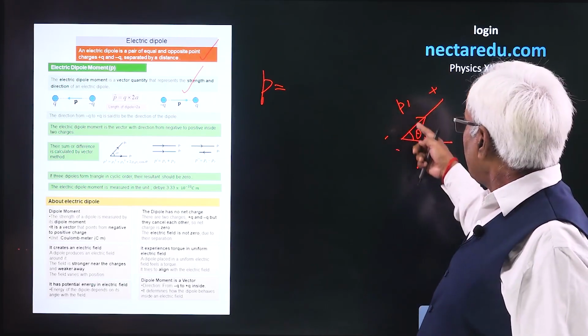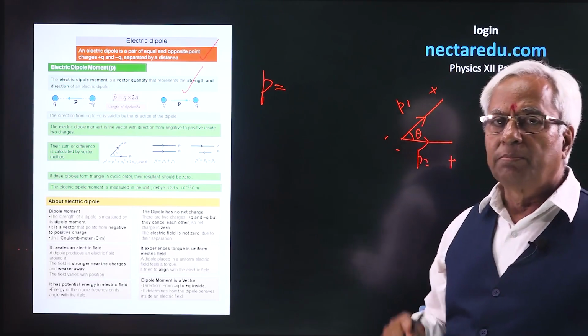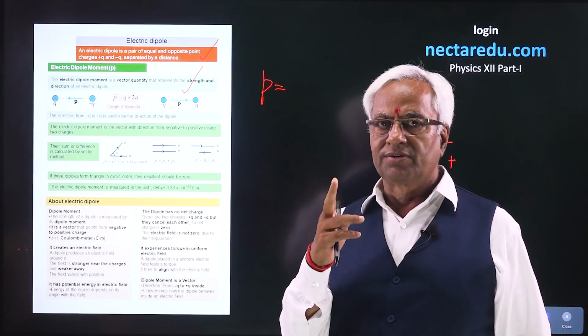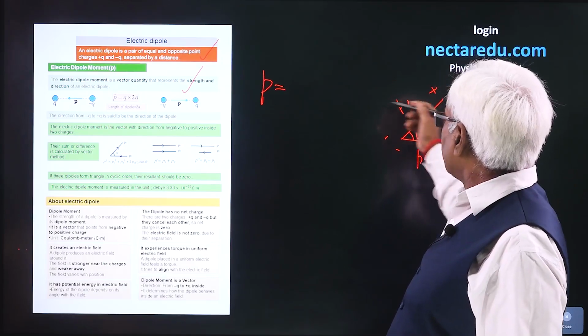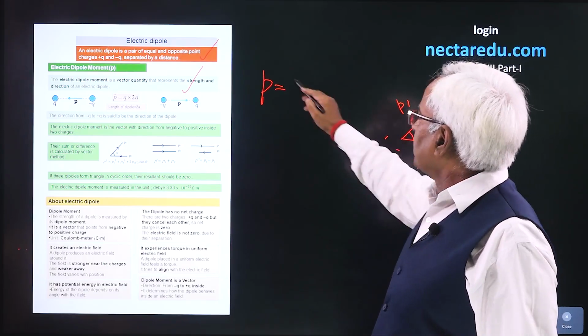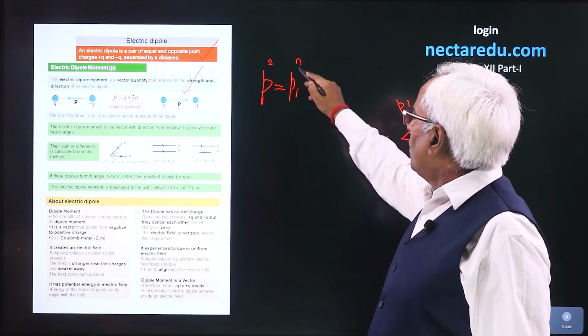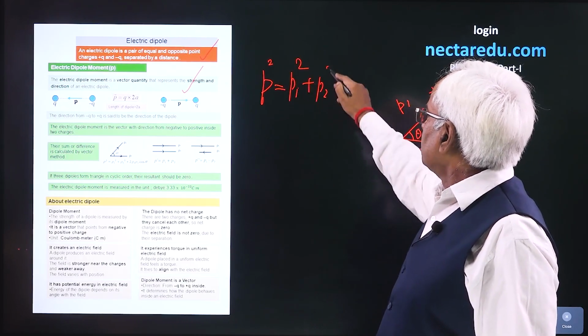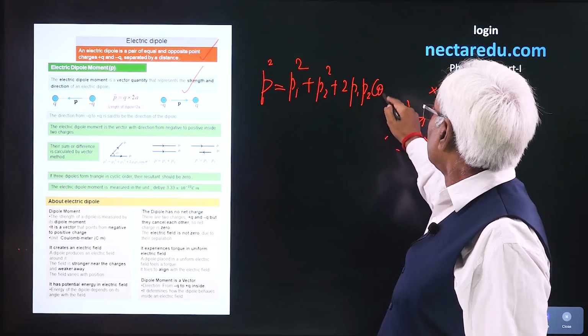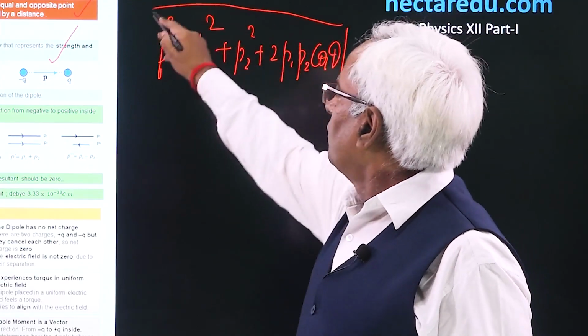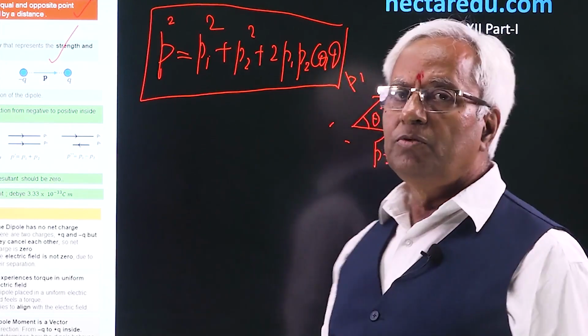For that, we have to combine the two dipole moments, that is the two vectors, by the vector method. And we know when two vectors are arranged this way, the resultant is obtained by this relation. That's the way we calculate the resultant dipole moment.